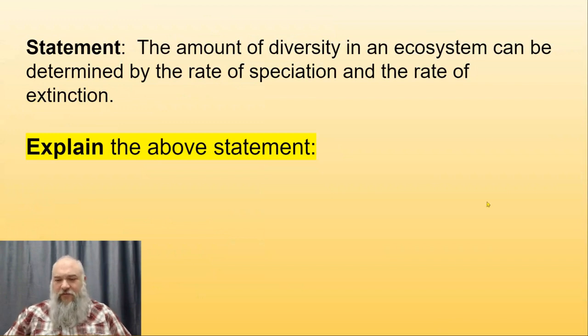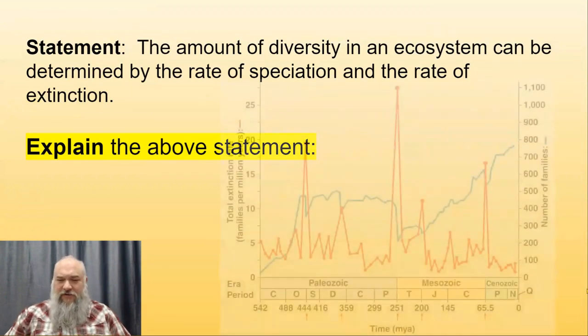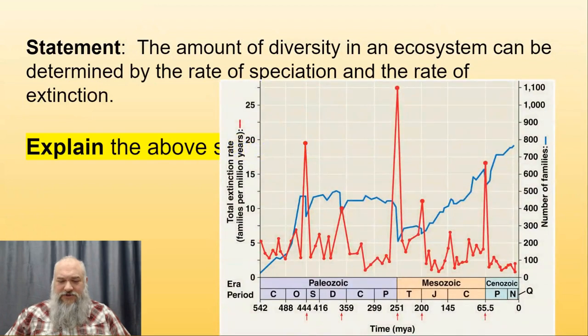If you want a little bit of a refresher, here is this graph we showed before. Here we can see the amount of diversity. If diversity is going up, that means there's speciation happening, because we're getting new species. When diversity is going down, that means extinction is outpacing speciation.